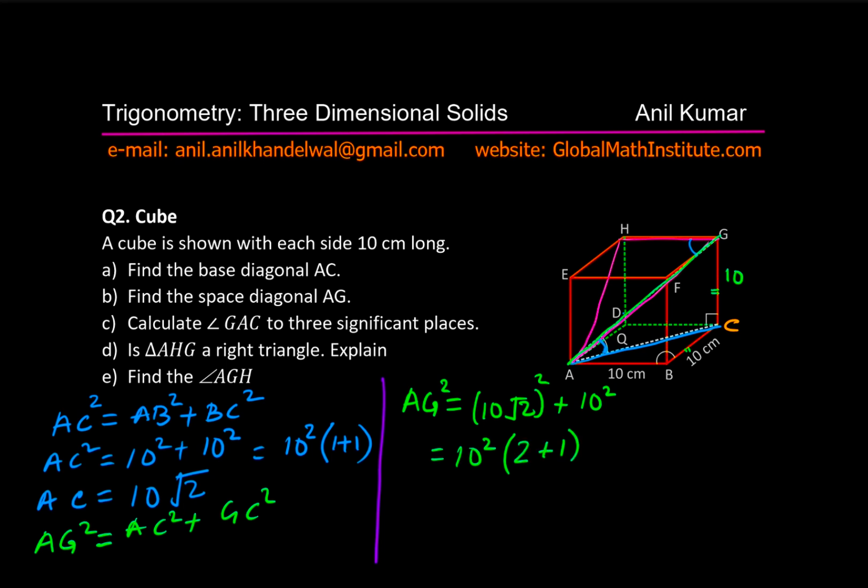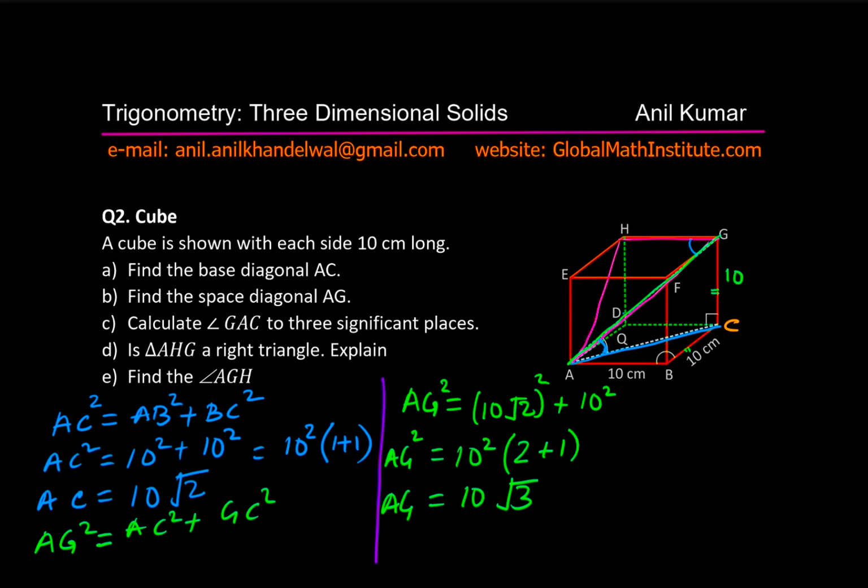So 2 plus 1, and therefore you can now get AG as equal to 10 square root 3. Do you understand this method? I am taking a common factor since that is AG square. Now the square root of 10 square is 10, and 2 plus 1 is 3, and the square root of 3 is root 3. So we get AG is 10 square root 3. Clear? So that's kind of important to understand.